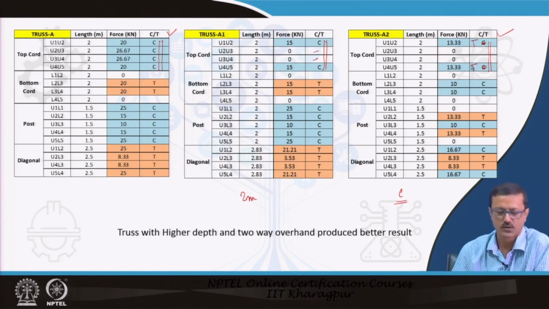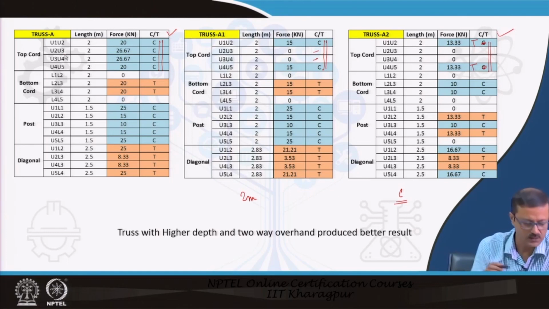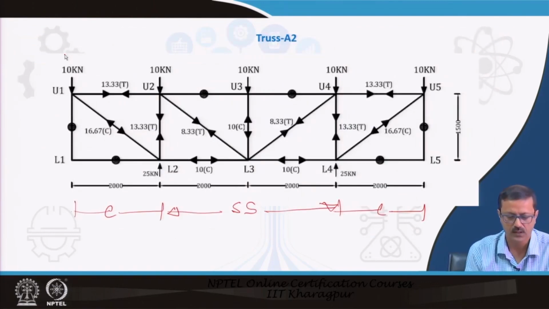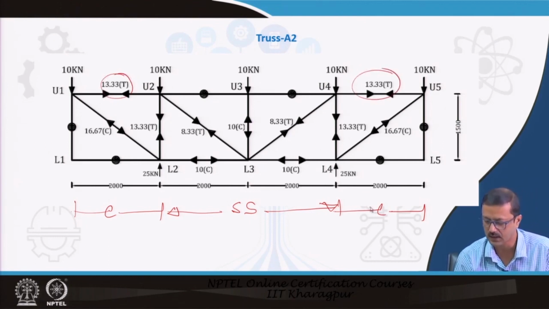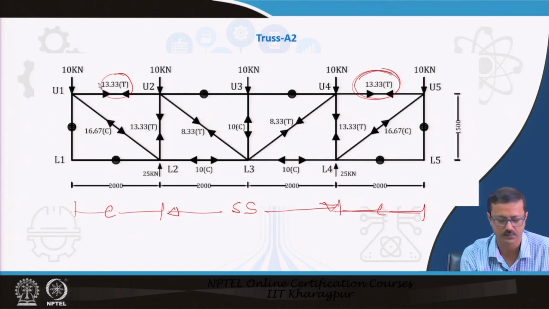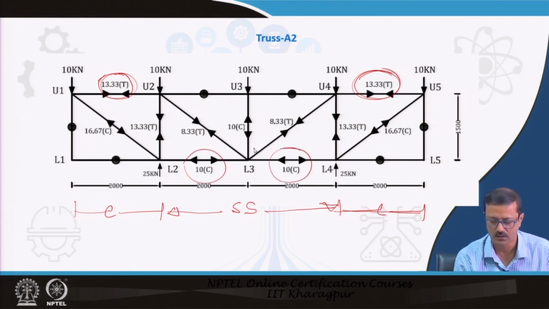So, see, in the top chord you will have some tensile force in the cantilever portion. So, the cantilever portion is having some kind of tensile force, and the compressive force comes in the tie.